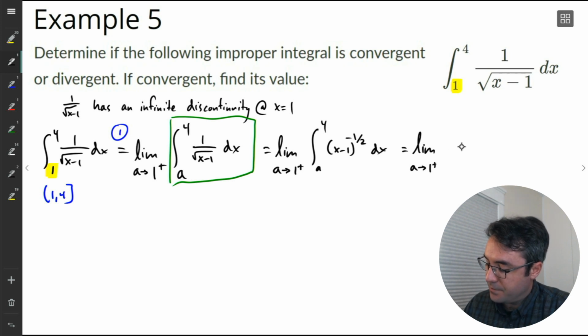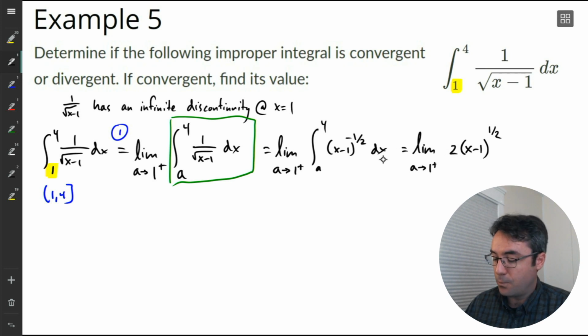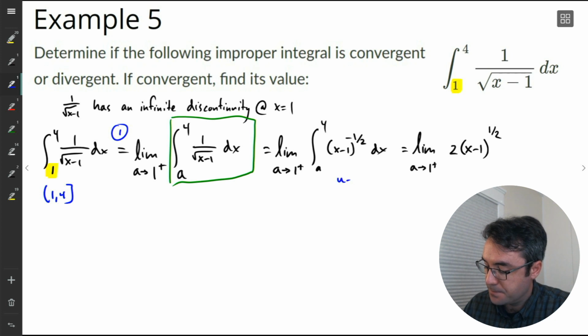So the antiderivative of this is x minus 1. We keep what's inside of the parentheses. We add 1 to the exponent, so that takes us up to 1/2. We take that new exponent, flip it, put it in front. So we get a 2 in front here. Now, really what we're doing here is a u substitution with u equal to x minus 1.